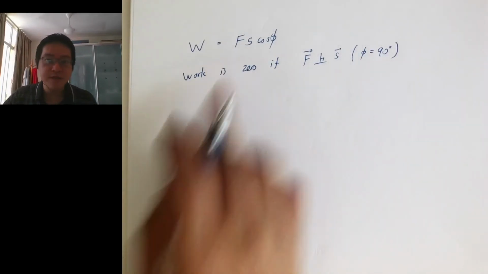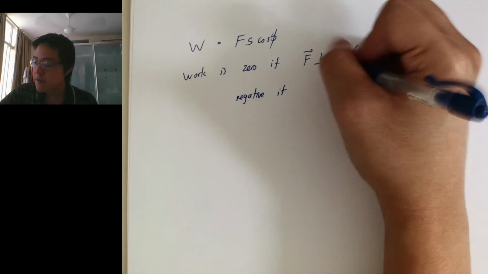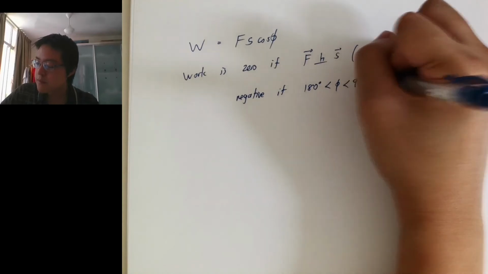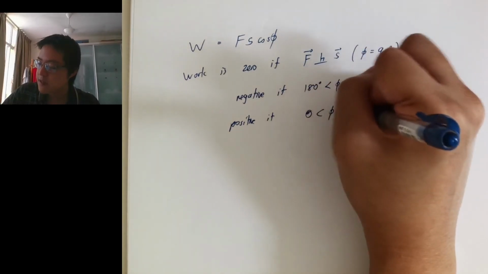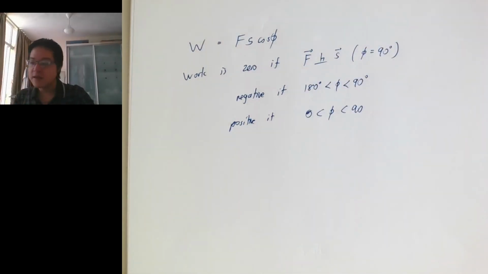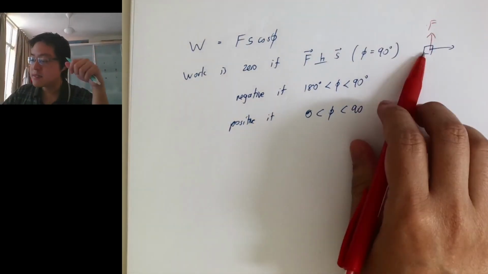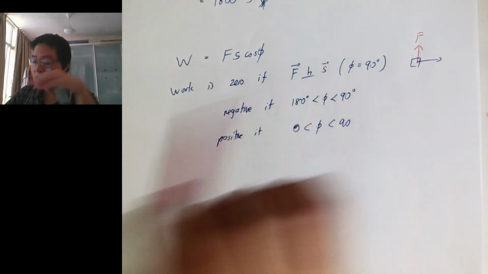It's going to be negative if my angle is between here and here, and positive if phi is between 0 and 90. These are the expected cases. If my object is displacing this way and my force is acting at 90 degrees, then this is 0 work done. This force doesn't do any work on this object.